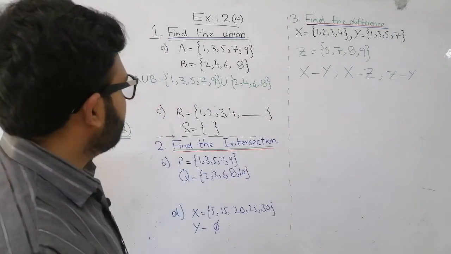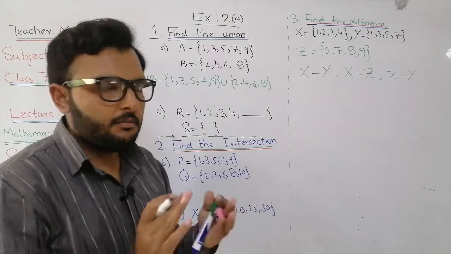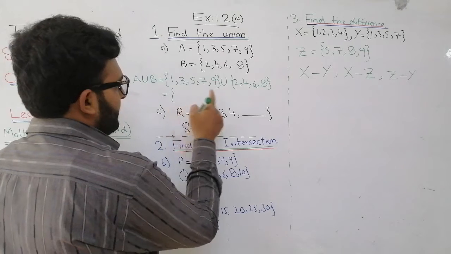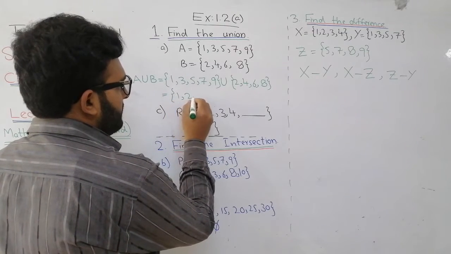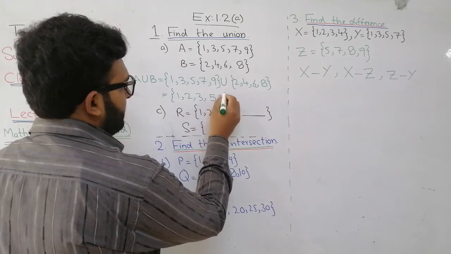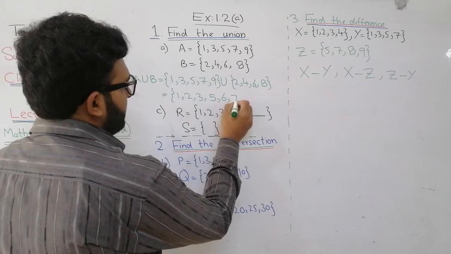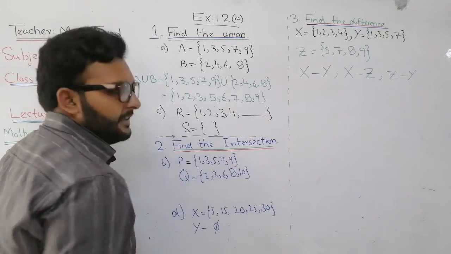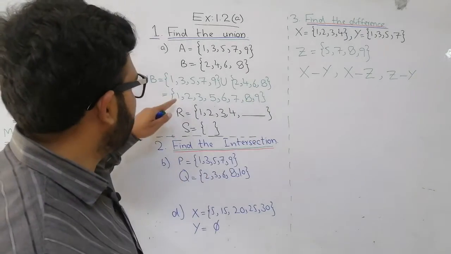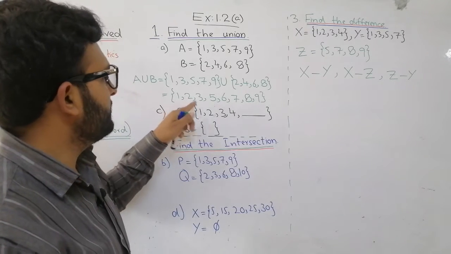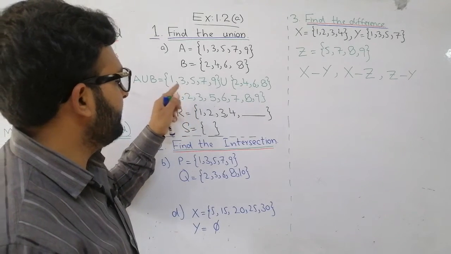In union we combine all these sets, and we need to write in order.